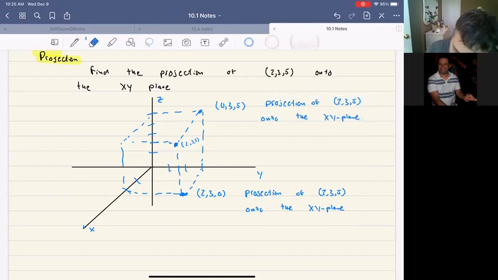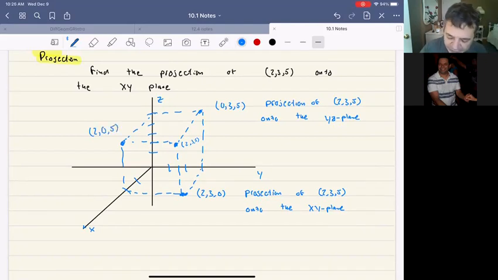And then change this to YZ. Okay, and you know what's coming next? This point here, that is 2, 0, 5. That's the projection of the point onto the xz plane.